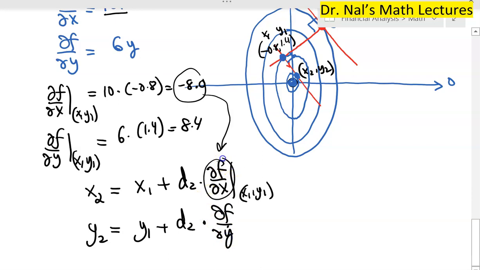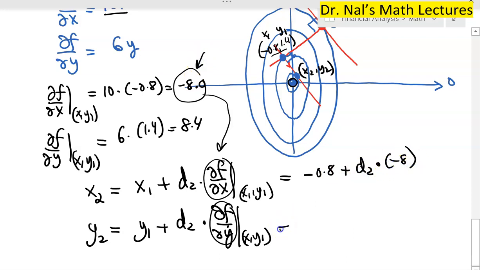This derivative gives you the direction we're walking through. So x2 equals x1, our starting point, minus 0.8, plus d2 times the direction, minus 8. And y2 equals y1, which is 1.4, plus d2 times 8.4. There you go. So this is the direction again.